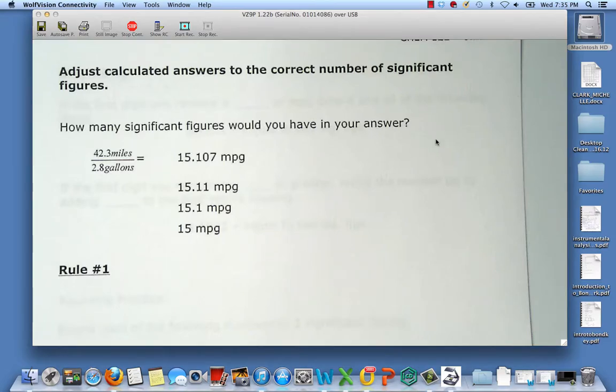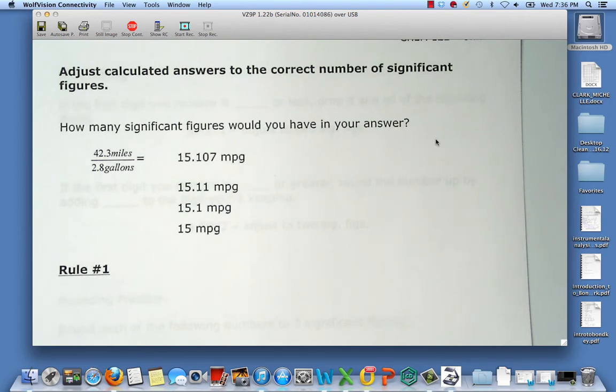So the next objective is to adjust calculated answers to the correct number of significant figures. So I have this calculation, 42.3 miles divided by 2.8 gallons. So you're trying to figure out how many miles to the gallon you got.